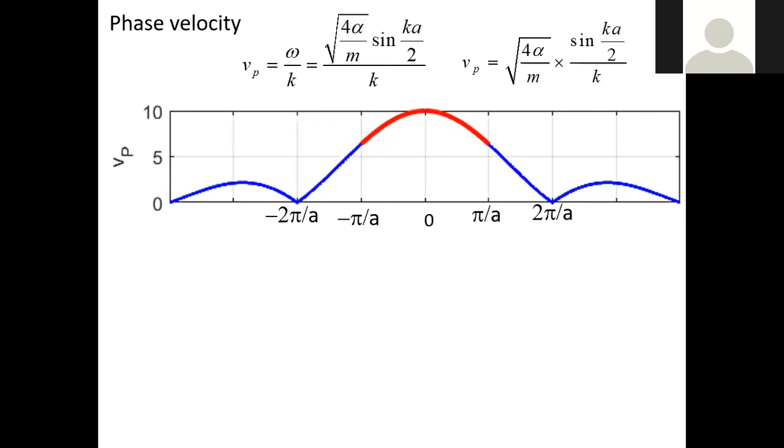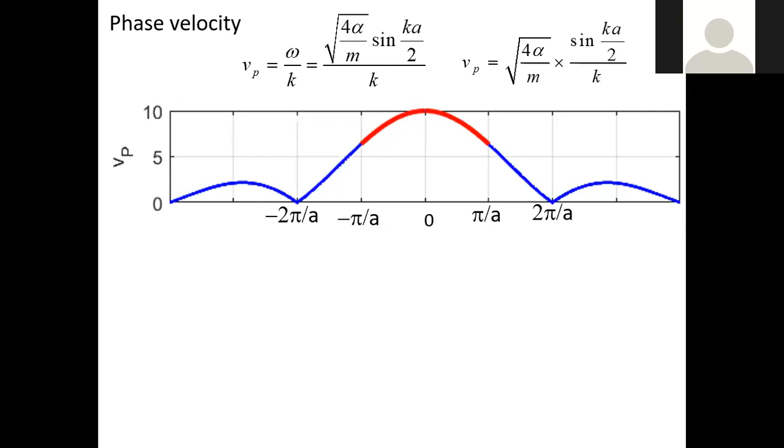And the region from k equal to pi by a to 2 pi by a, and on the left hand side from minus pi by a to minus 2 pi by a, is known as the second Brillouin zone. Here you can see the phase velocity is decreasing with increasing k value. So this is the variation of phase velocity with respect to k value.